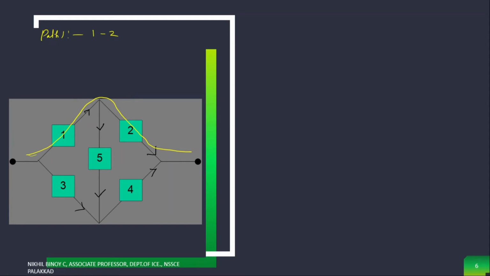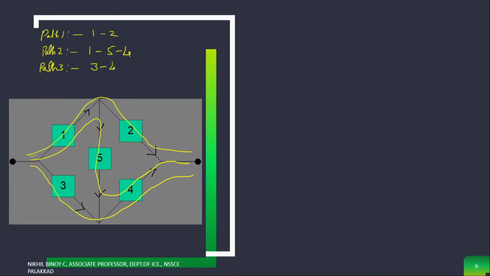Then path 2 is through 1, 5 and 4. So 1, 5 and 4. Then path 3 is through 3 and 4. Please note there is no path through 3, 5 and 2 due to this arrow mark.